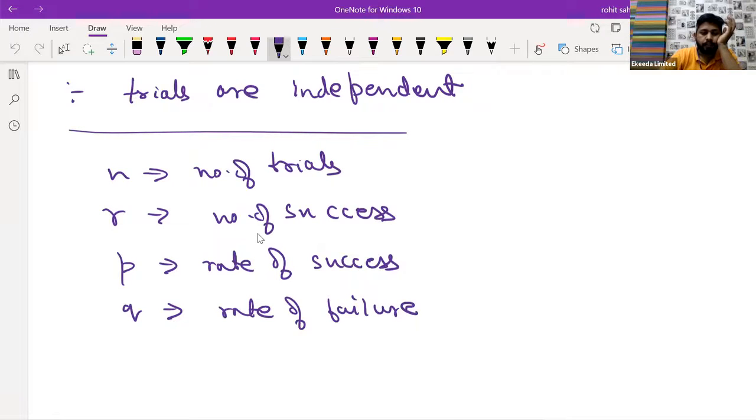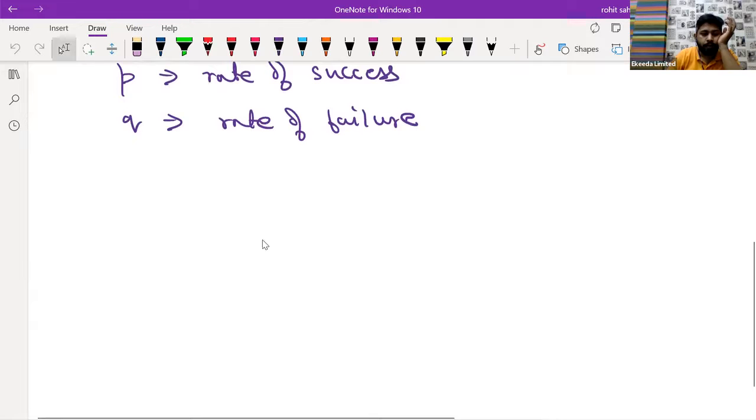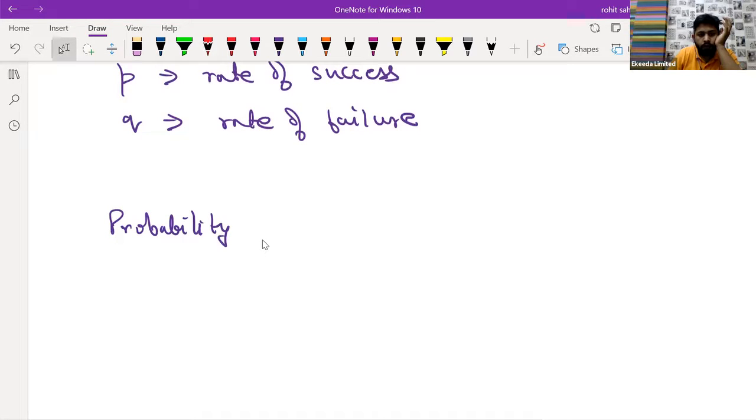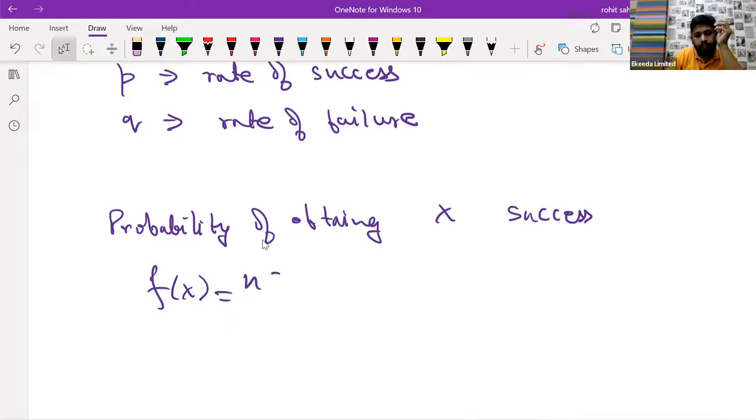In that case, the probability distribution, or the probability of obtaining X successes, X being the number of successes, which is the same R I told you, will be f of x equal to nCx p to the power of x times q to the power of n minus x.